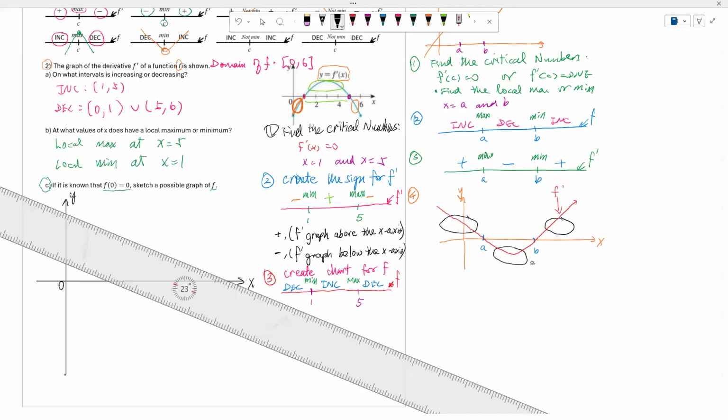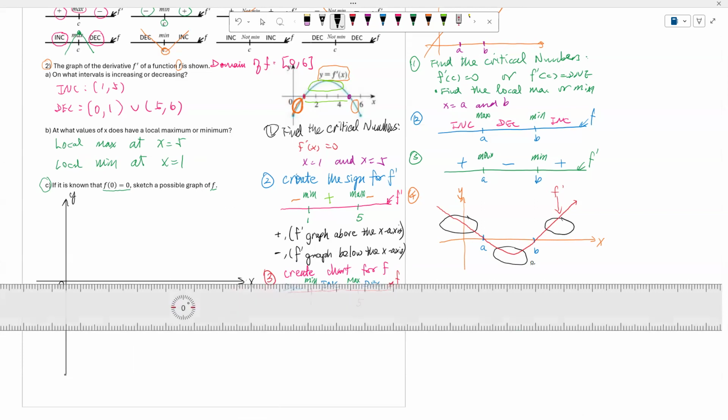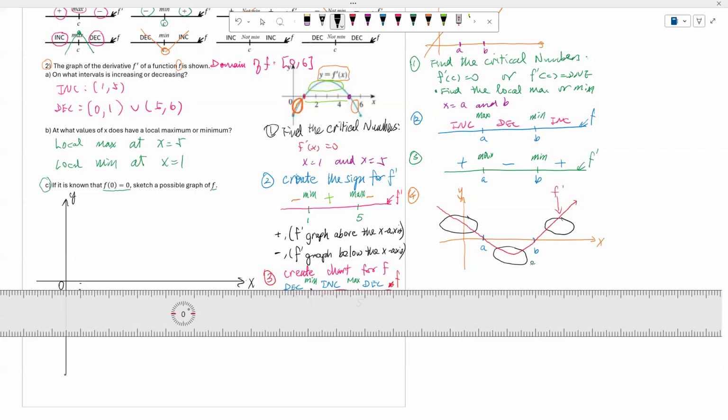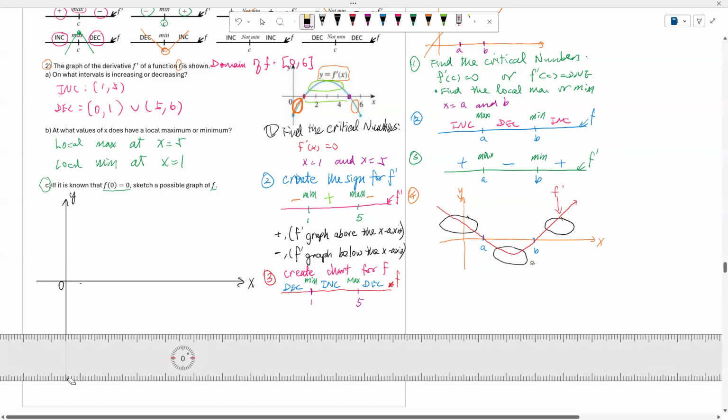And now I would like to put the scale on the x-axis. I have 1, 2, 3, 4, 5, and 6.